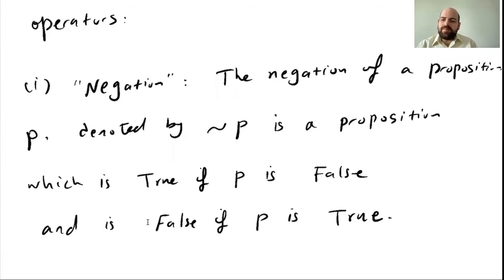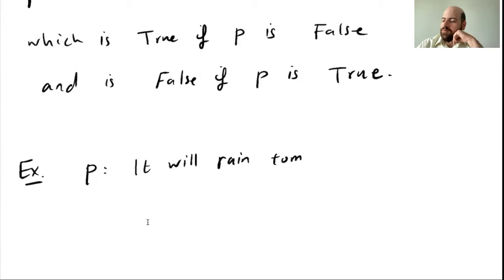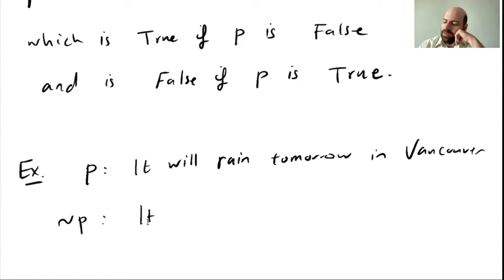Let's look at an example. Let's say P is, it will rain tomorrow in Vancouver. Then negation P will be, it will not rain tomorrow in Vancouver.